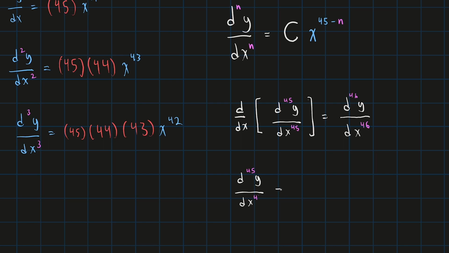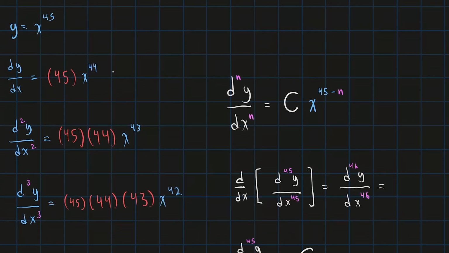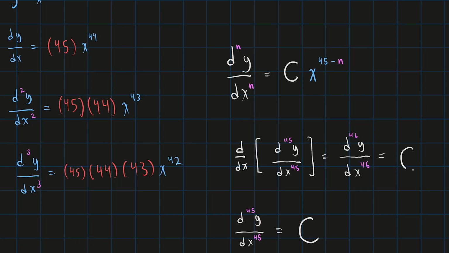Our exponent becomes 45 minus 45, which is x to the 0, which is 1, which really means our 45th derivative is some constant. And what happens if we take the derivative of some constant? The derivative of some constant is always 0. So therefore, the 46th derivative of x to the 45 is 0.